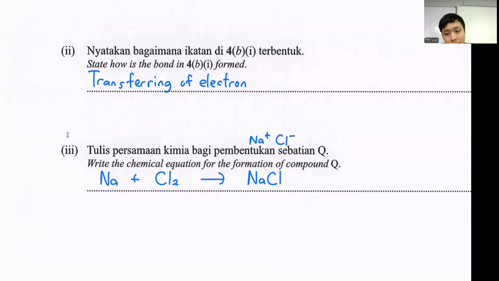If you leave it like this, of course, another 0 mark, because it is not balanced. Left side Cl has 2, so multiply 2 for this Cl. This Na has 2 now, so times 2 for the front Na. And now you get 2 marks. Is that clear?